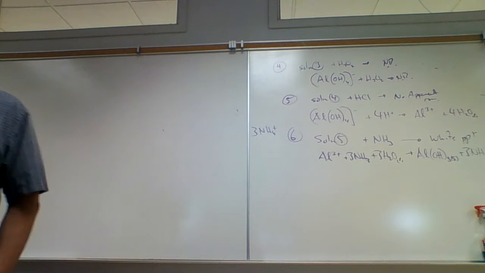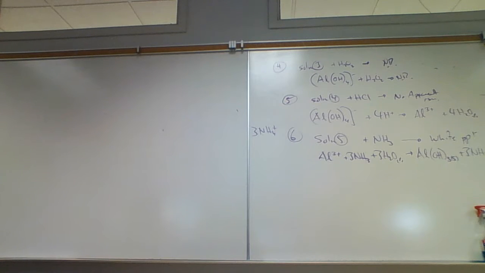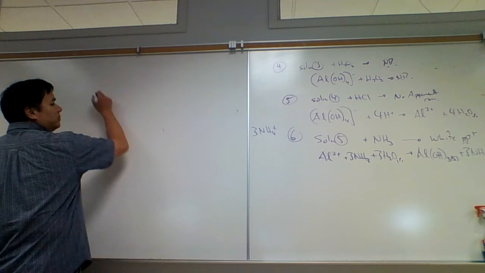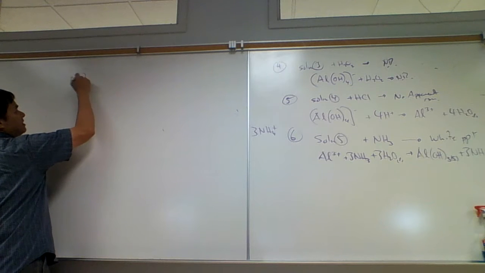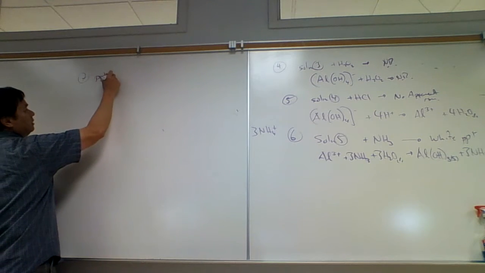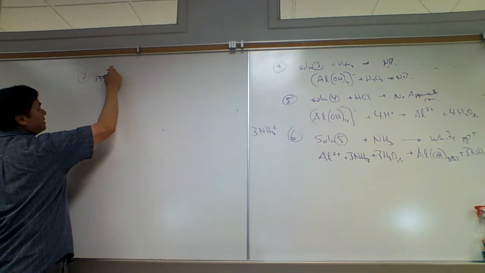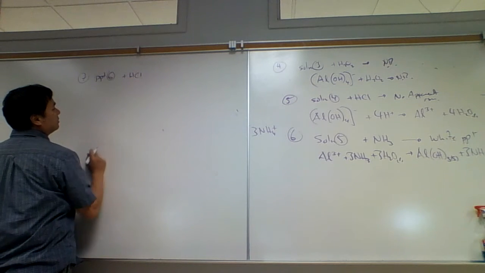All right, what's next? Chromium. Oh, not, we're still on the aluminum branch. So what's next? The next step for aluminum down the flow chart. HCl. And so what we're going to do is, in step 7, we'll take the precipitate from 6 and then add HCl to this.